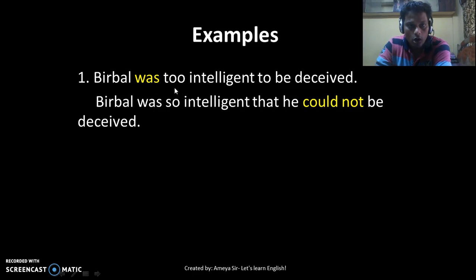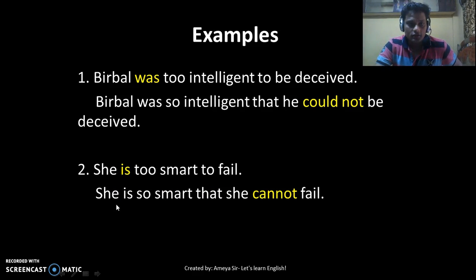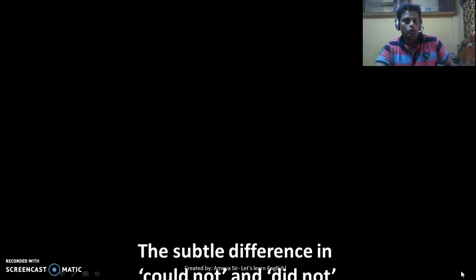So Birbal was so intelligent that he could not be deceived. Let's do one more. She is too smart to fail. Present tense here. So she is so smart, adjective, replacing "too" with "so", that she cannot fail. So it's the present tense and we are using cannot here.